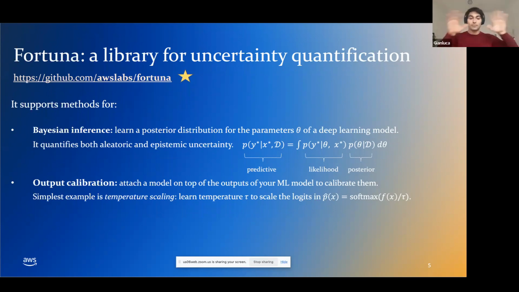Okay. Now, the simplest concrete example of what I've been explaining is temperature scaling. So you remember I defined this before, this p hat, this probability for each class is a softmax of my model F. What we do here is augmenting my model F with the parameter tau, the temperature, and now defining the probability as softmax of F divided by tau.